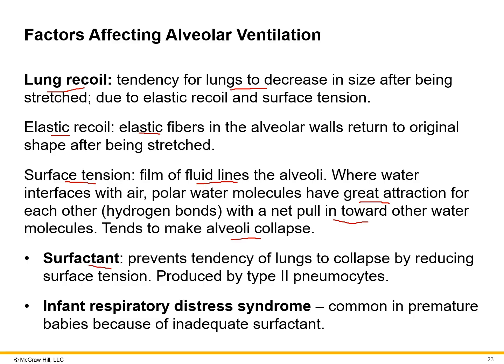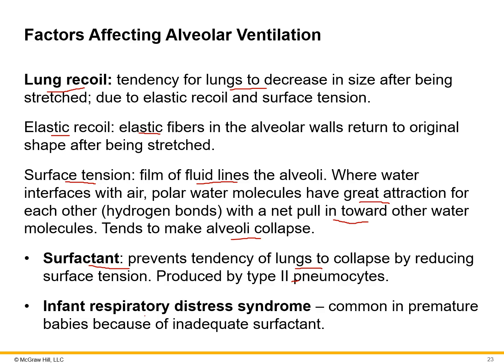So surfactant prevents the tendency of the lungs to collapse. It creates a liquid, produced by those type 2 pneumocytes, to reduce the surface tension. So the water isn't pulling on each other; it's broken up by the surfactant.